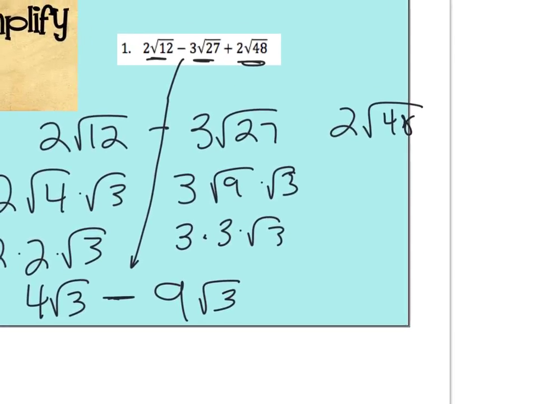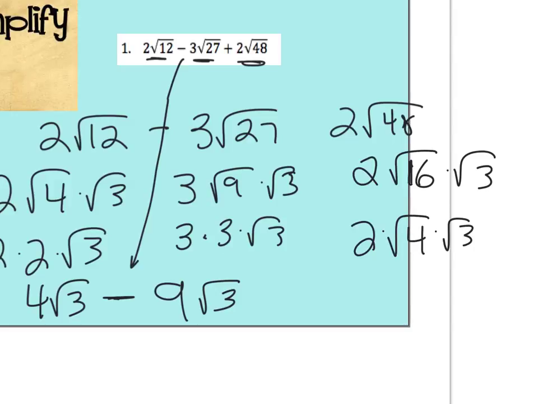Over here, this last piece would actually be 16 times 3. So that will be 2 square root of 4 square root of 3, 2 times square root of 3, so that is going to be 4 square root of 3. Now I'm going to add those.